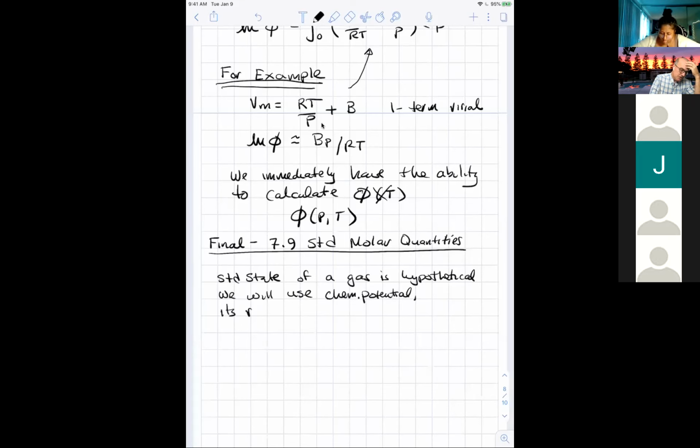Its relation to GM, it's really the same thing, right?